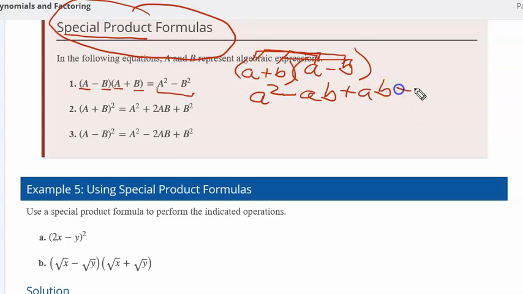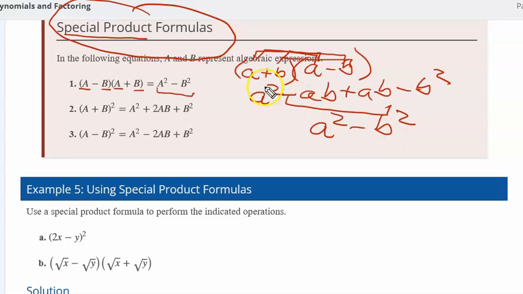Last, a negative b squared. Notice what happens to your middle terms. They cancel out. So we're left then with just a squared minus b squared.